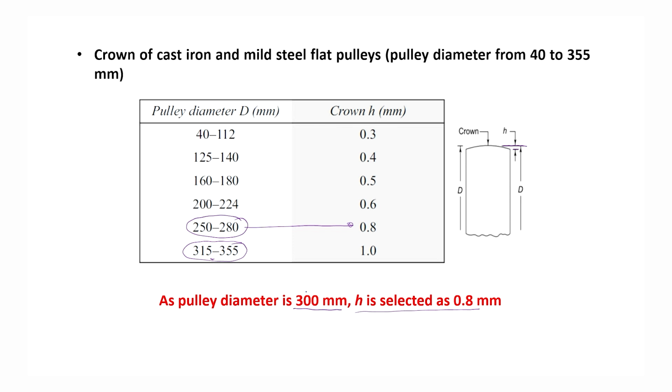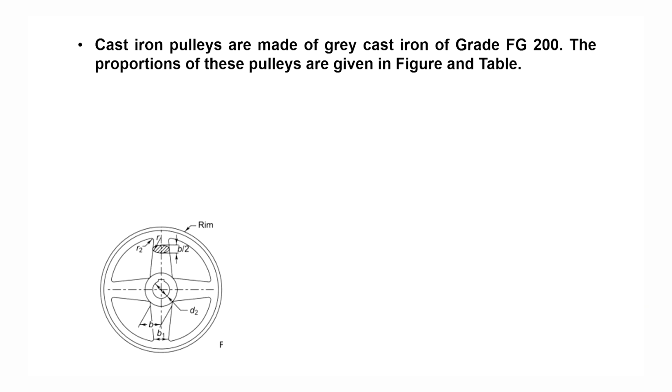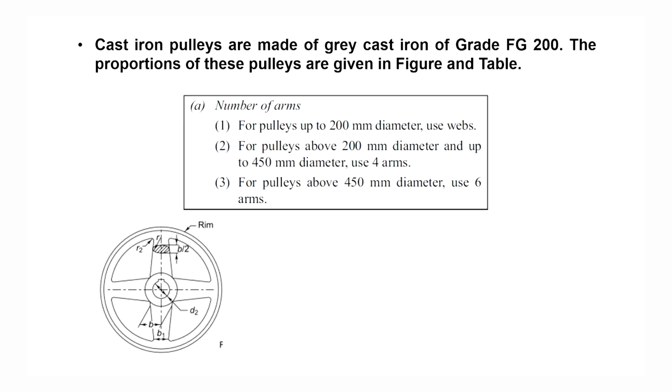And so for our case, when the pulley diameter is 300 mm, we have taken it as 0.8. Then cast iron pulleys are made of grey cast iron, FG 200. The proportions of these pulleys are given in the figure like this.